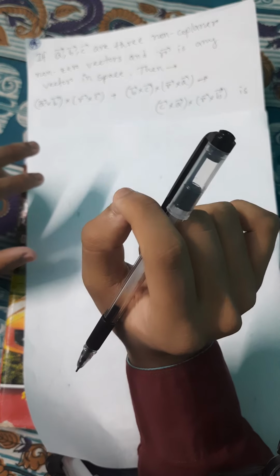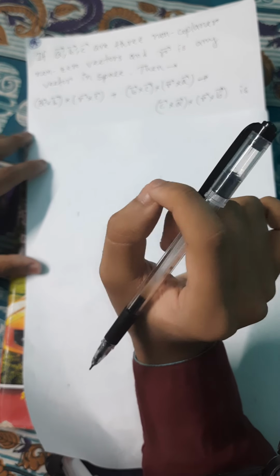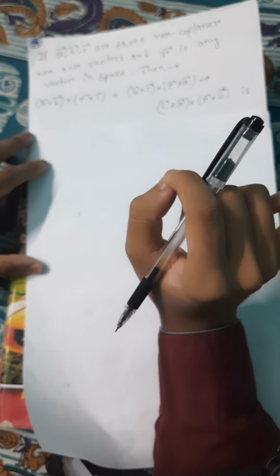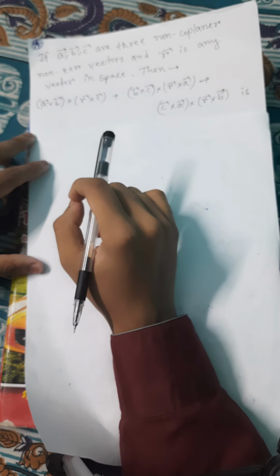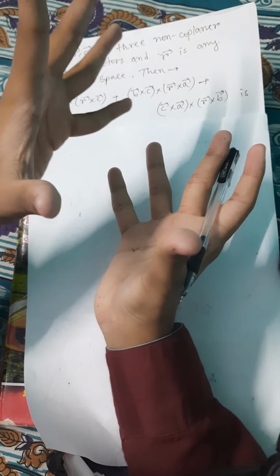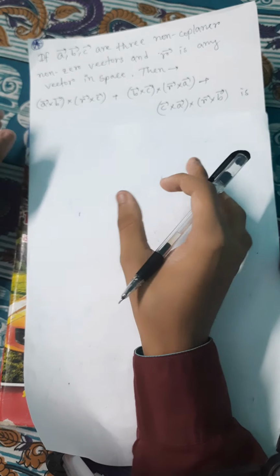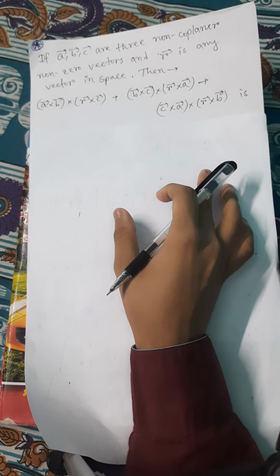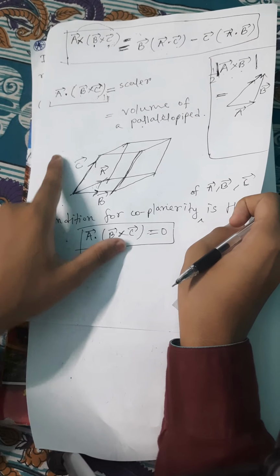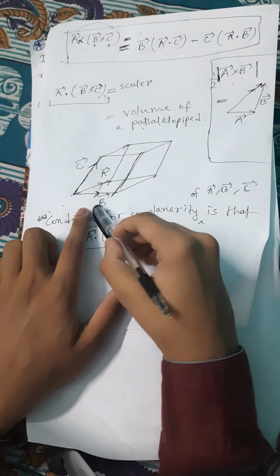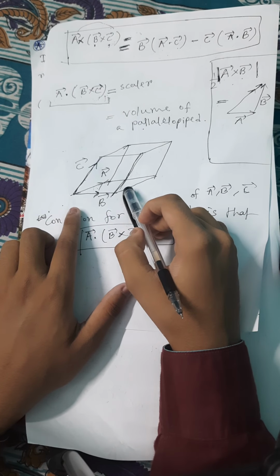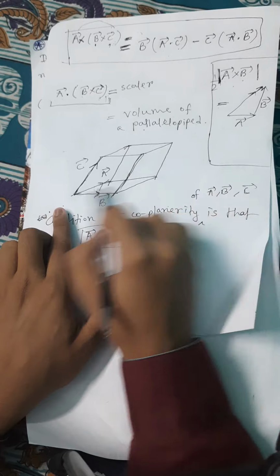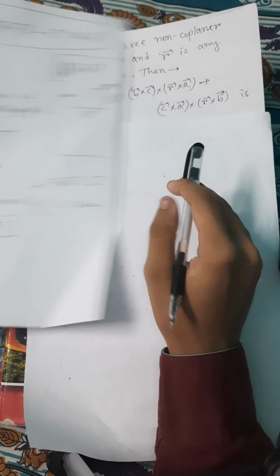For that, what is the condition? a, b and c must be non-coplanar, means they have to spread over the whole three-dimensional space, like I have pictured like this. They must not lie in the same plane, okay.